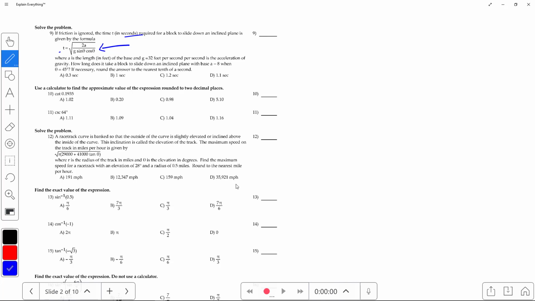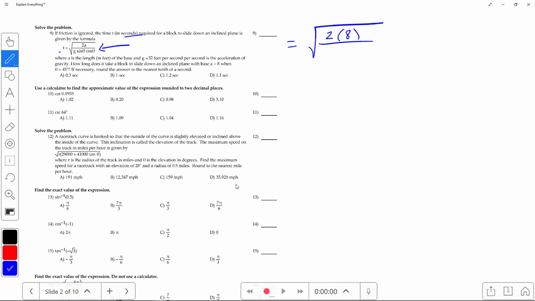How long does it take the block to slide down an inclined plane with the base A equals 8 when theta equals 45 degrees? So there's nothing really that complicated about this except using your calculator, because you're just going to plug everything in.